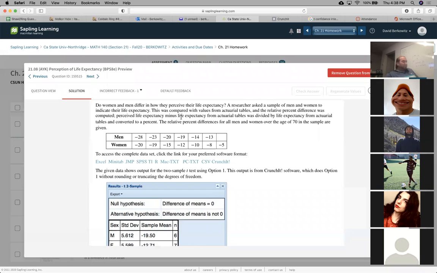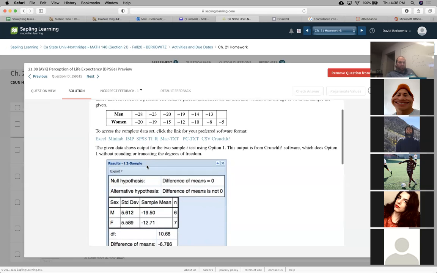This was compared with values from actuarial tables, and the relative percent difference was computed. Perceived life expectancy minus life expectancy from actuarial tables was divided by life expectancy from actuarial tables and converted to a percent. The relative percent differences for all men and women over the age of 70 in the sample are given. So these are our samples.